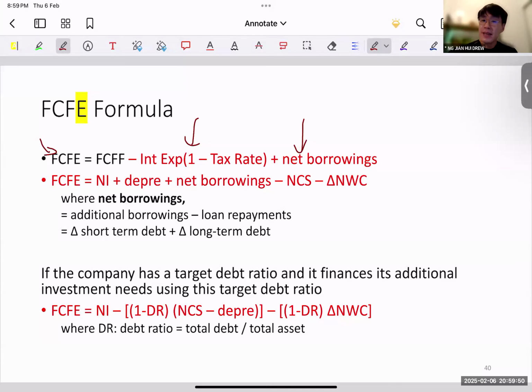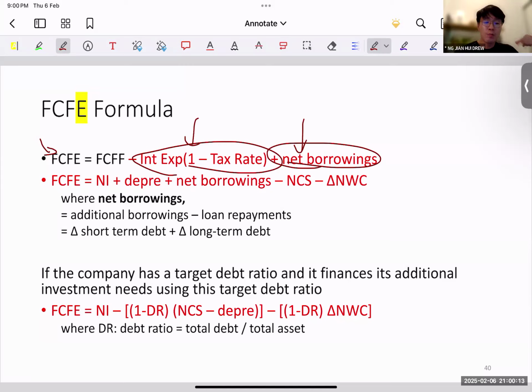It means that for FCFE, you need to consider adjusting your cash flow to what finally your equity holder will receive. Because you're interested only in your equity holder, you need to adjust your debt-related cash flows that will affect your cash flows to your equity holder.